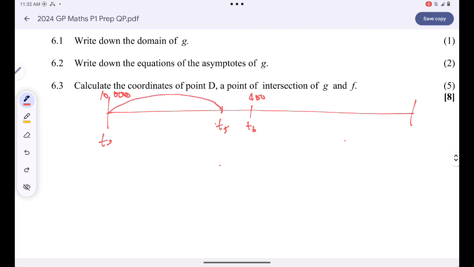Remember that, guys. The present value is always the amount of money that you are owing before the first installment.